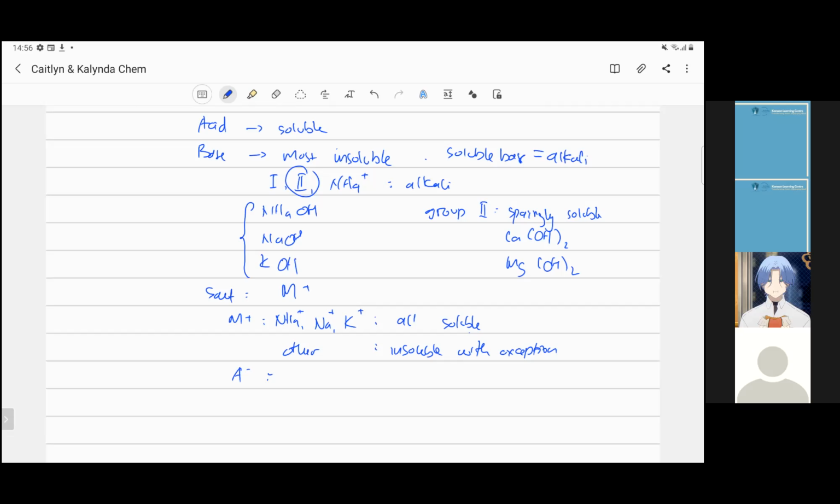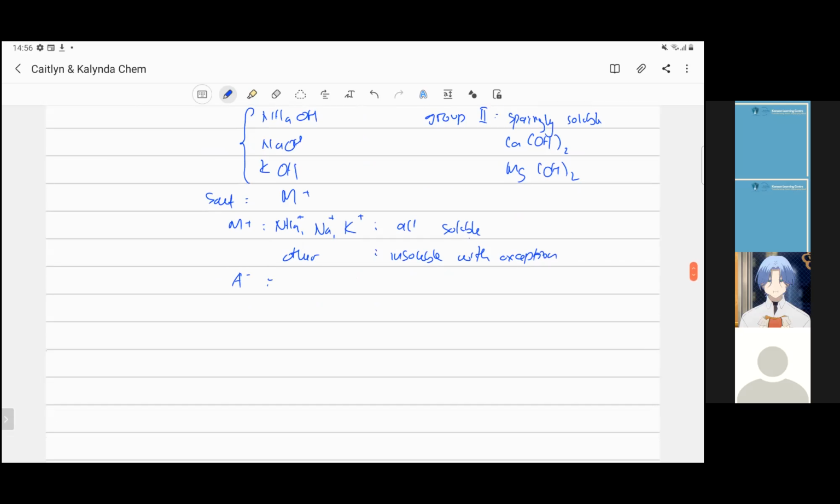Okay, I'm back here. For the anion, there are strong anions that, whatever the first part, are going to be soluble. They are sulfate.